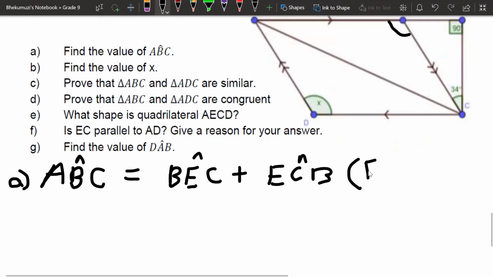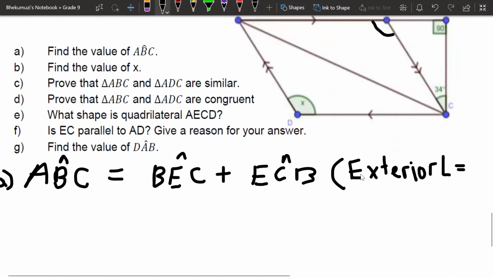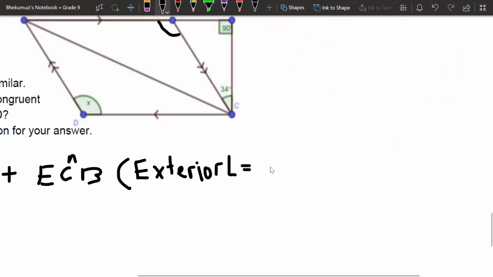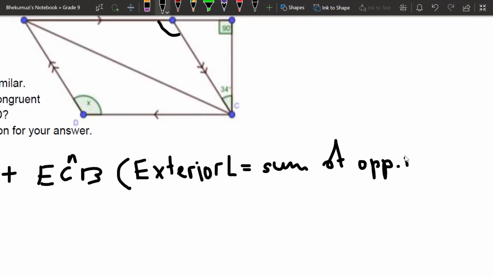This is the exterior angle, right? An exterior angle is equal to the sum of the opposite interior angles, right?